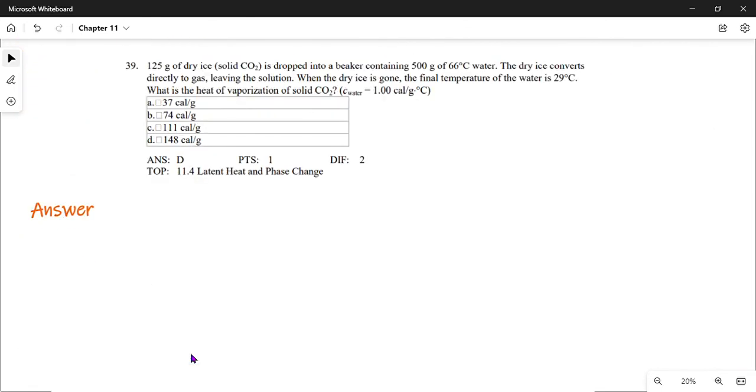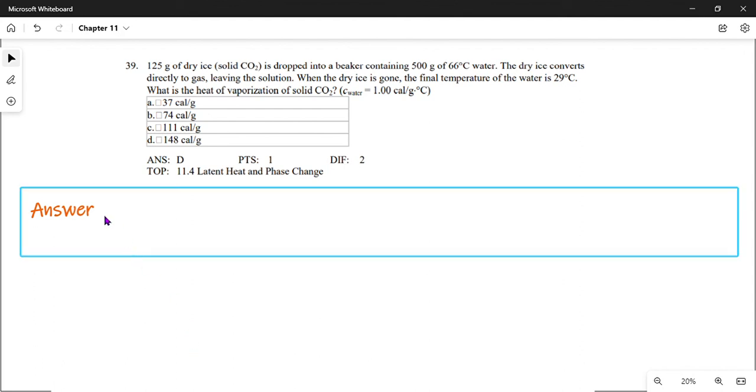Question number 39. The dry ice here will face just a phase change. It will not face a temperature change, and the water here will just stay water.